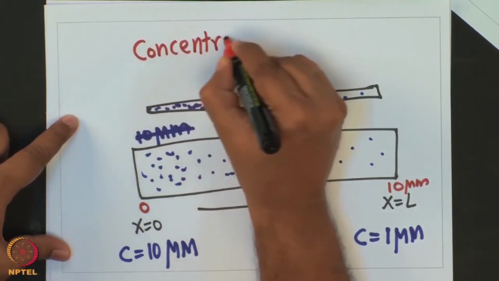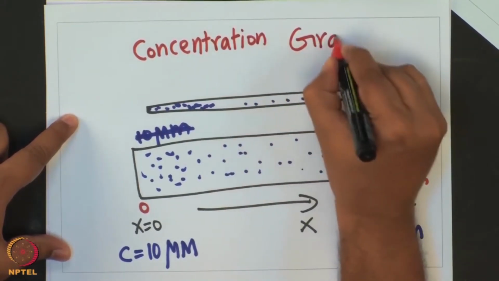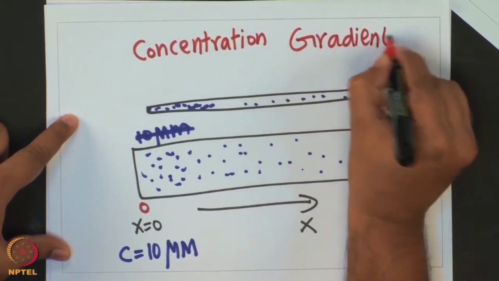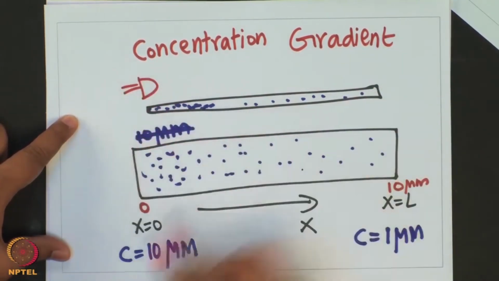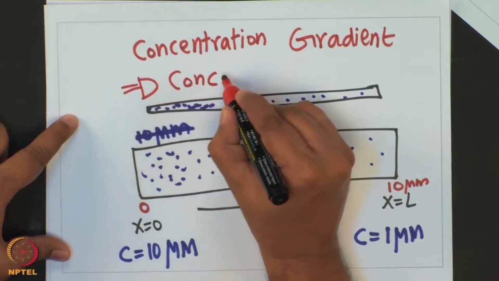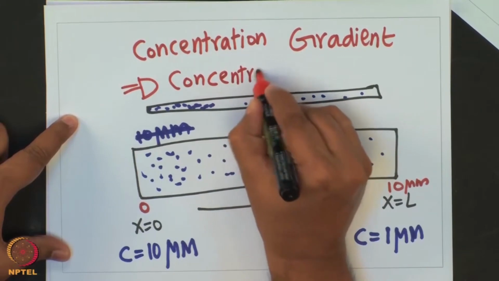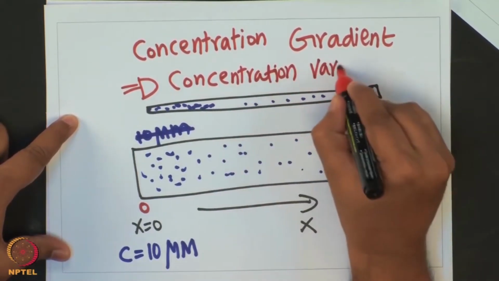Concentration gradient. What does that mean? It means that concentration is changing in space.